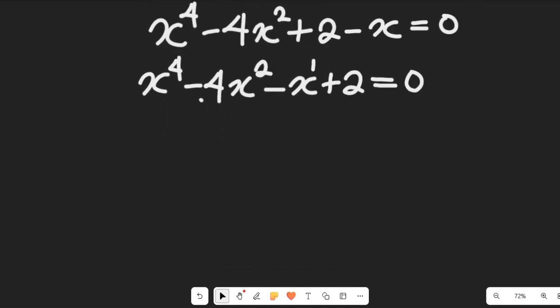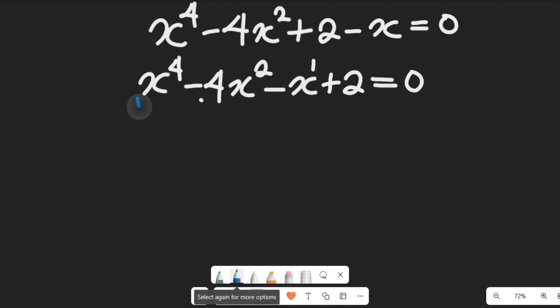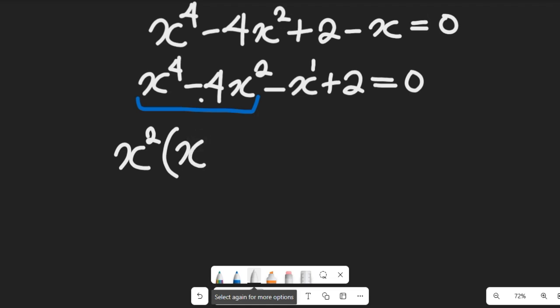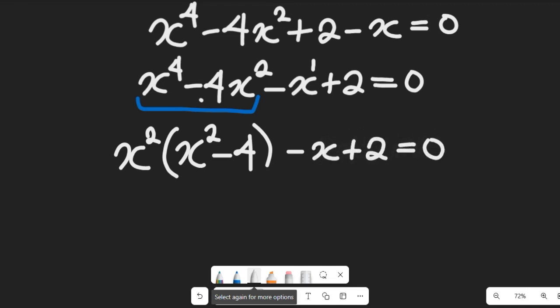So what do we do from here? From this expression, I can simplify it further. If you consider these two expressions, you see that something is common among them. So I'm going to bring out the common term, x to the power of 2, and that will give me x to the power of 4 divided by x to the power of 2, which gives x to the power of 2 minus 4, and this will be minus x plus 2, and this will be equal to 0.